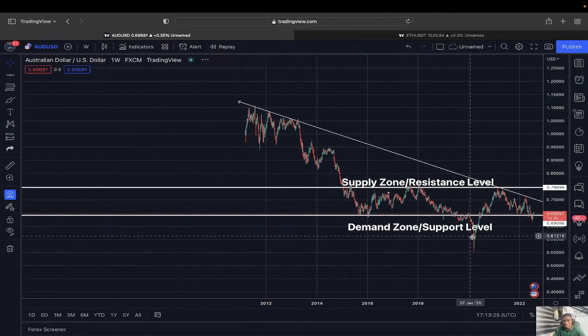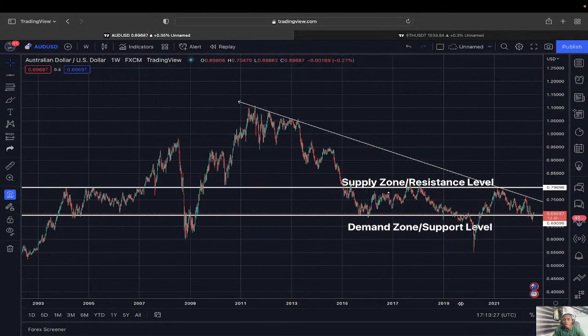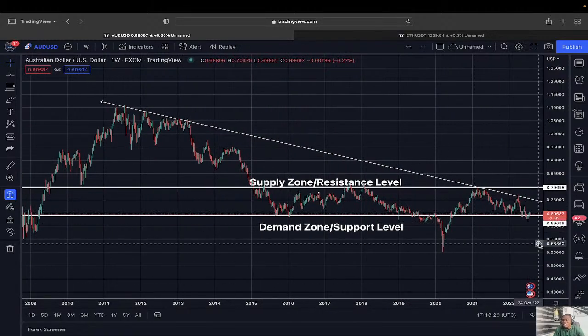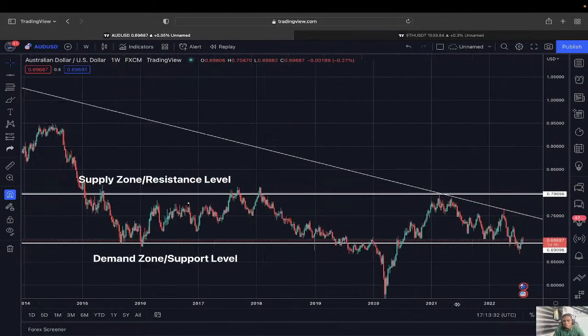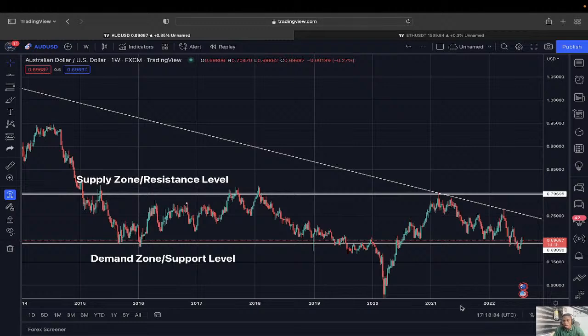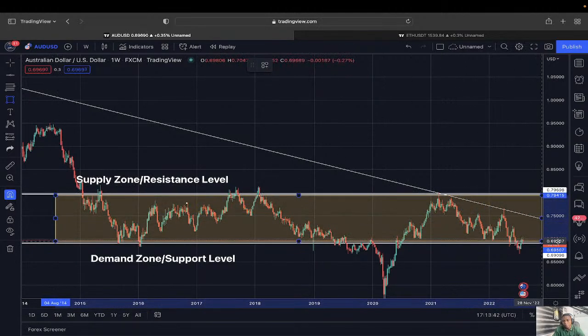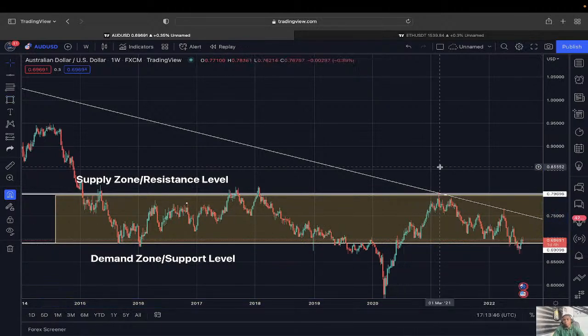So if you look closely, we have price ranging at a particular price range for weeks. So you can see what price had done at this level. Look at what price had done at this level. All right.